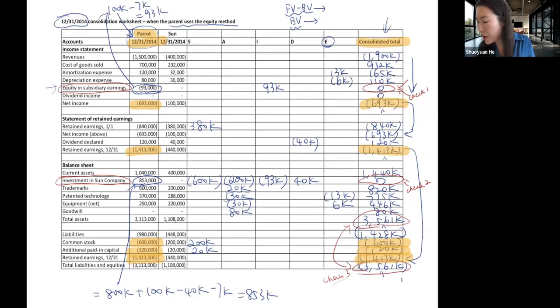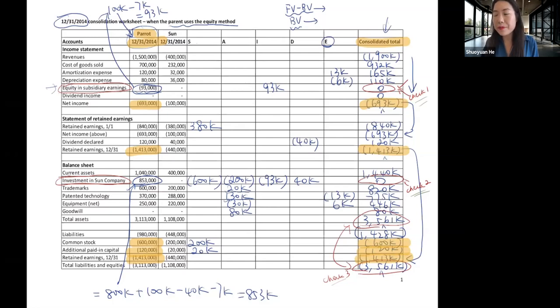And then before we finish talking about this example, there is one last place that I want to explain. So actually this check 1 and check 2. In check 1, I ask you to check for the equity in subsidiary earnings. This should go to 0.